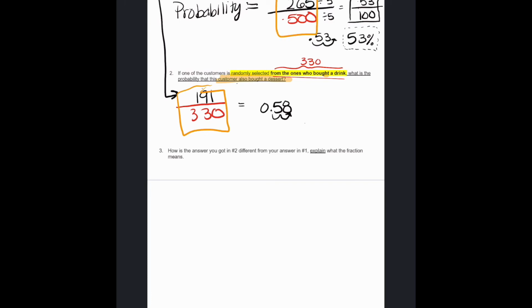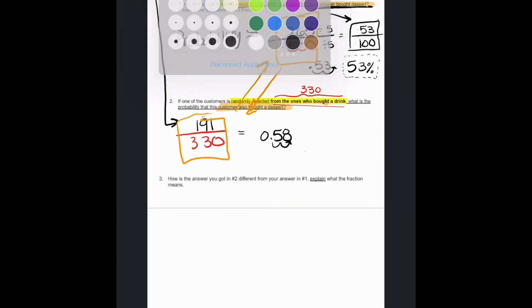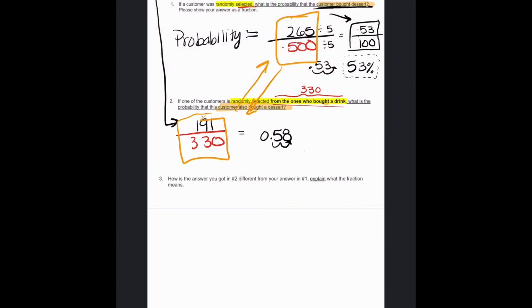So how are these two different? Remember that in number 1, a customer was randomly selected from the entire 500 people, whereas in number 2, a customer was randomly selected from the ones who bought a drink. So that's what's different there.